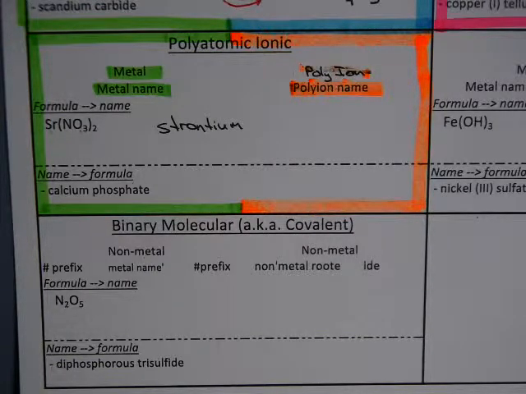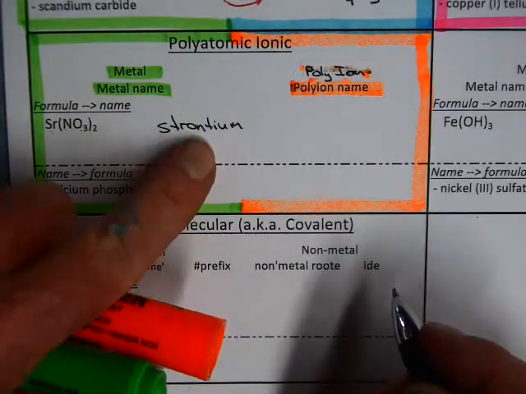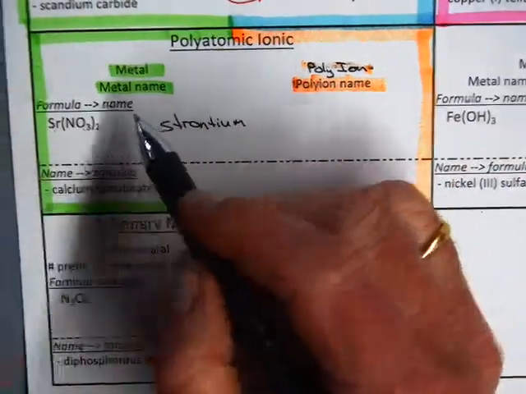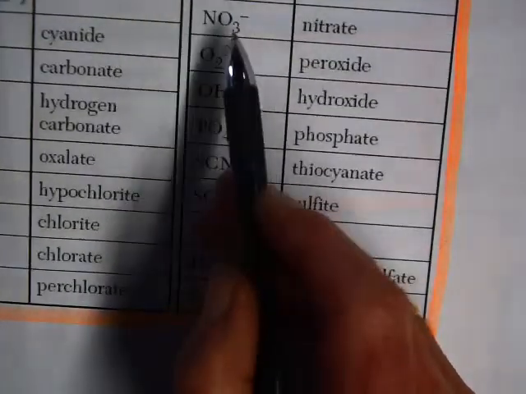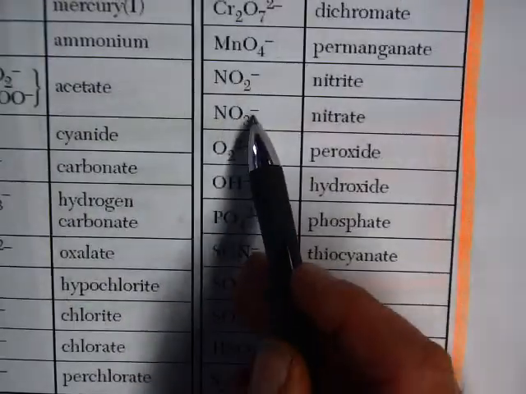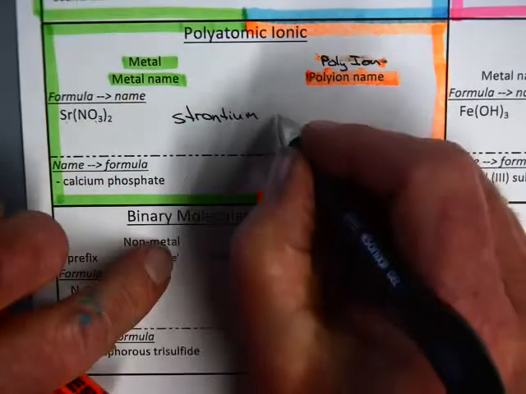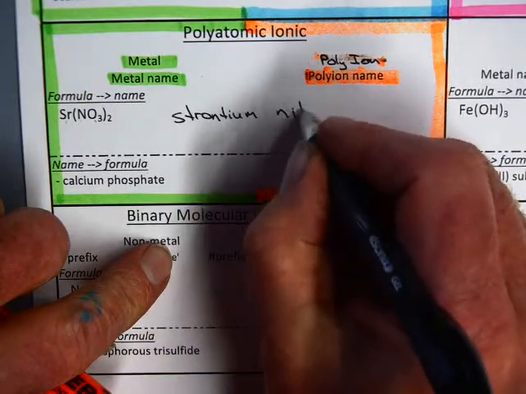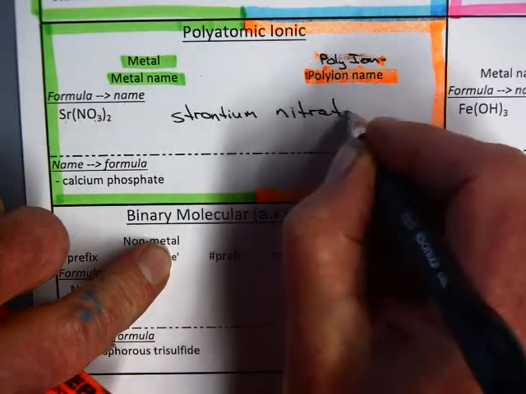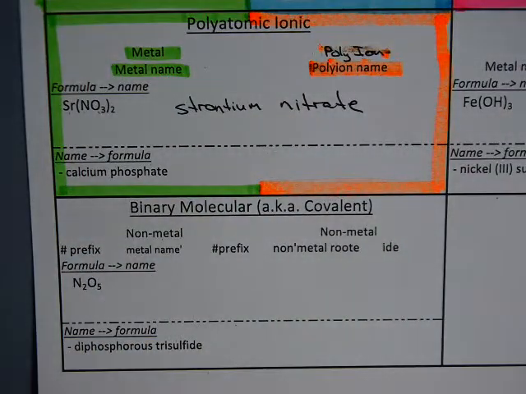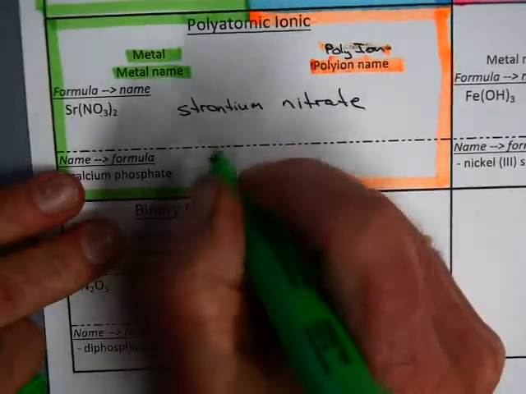And you're looking over the whole thing, and you wasted 5 minutes. Metal name, polyion name, NO3, I go here, NO3 is there, nitrate. So this is strontium nitrate. Just that simple.